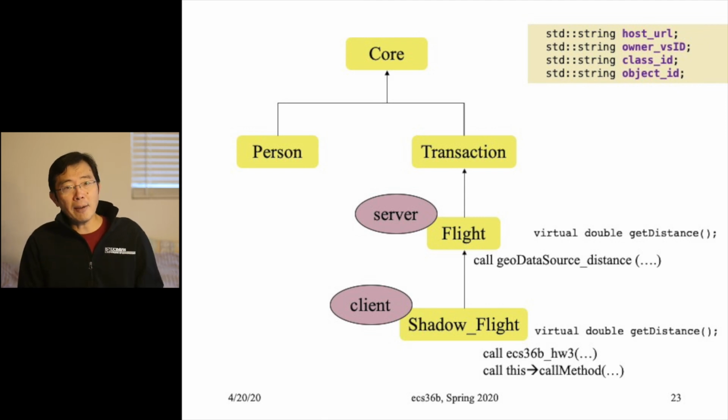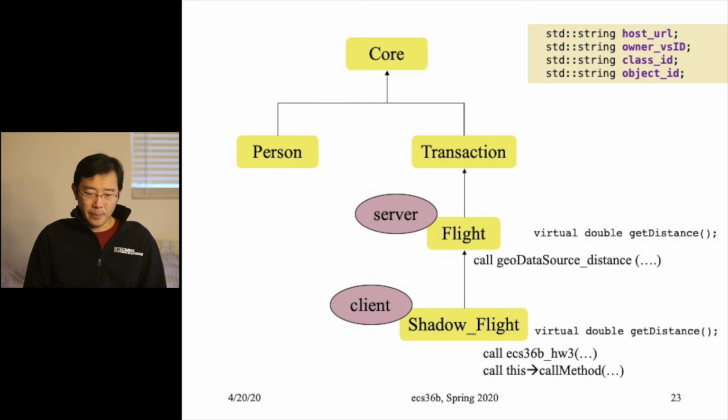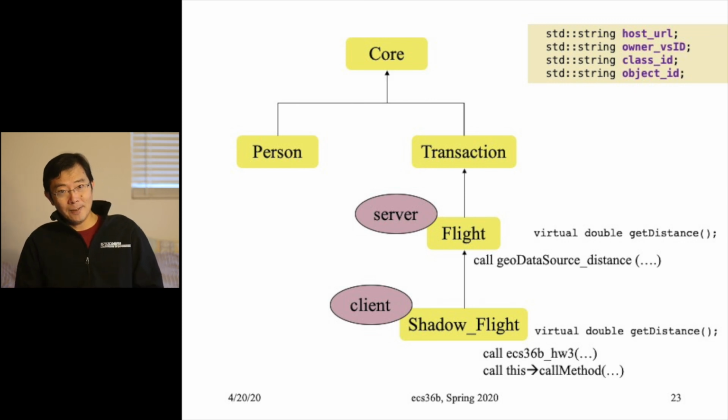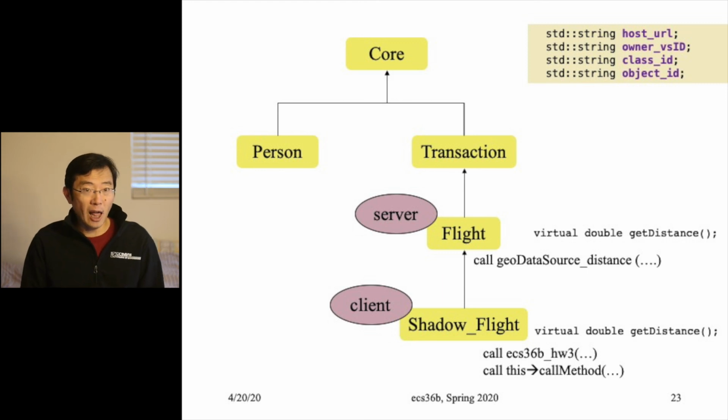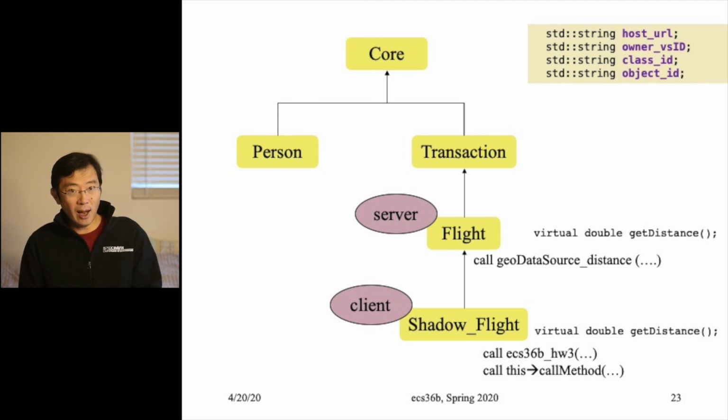If you create the object as a fly, then you're going to call the fly version of get distance, which calls the geodata source version of the GPS calculation. But if you create the object using Shadowfly as a class, then you're going to invoke the get distance from the code I just showed you, which is not going to have local data.